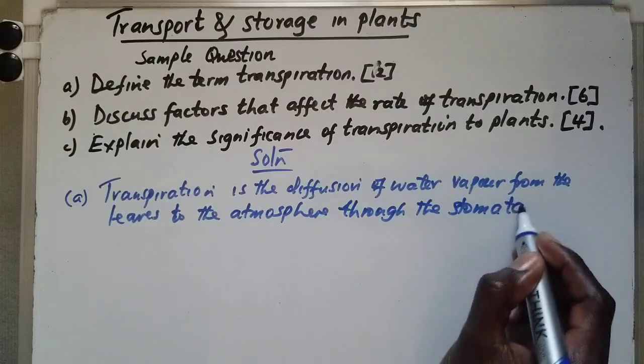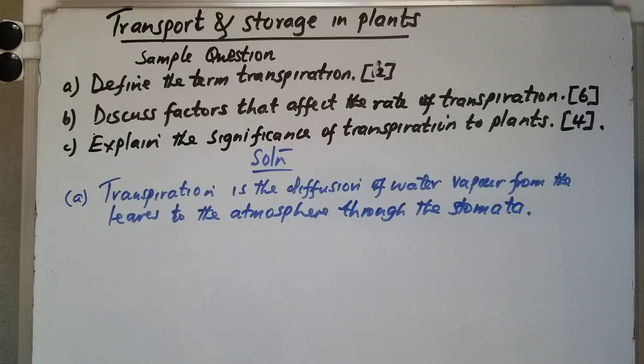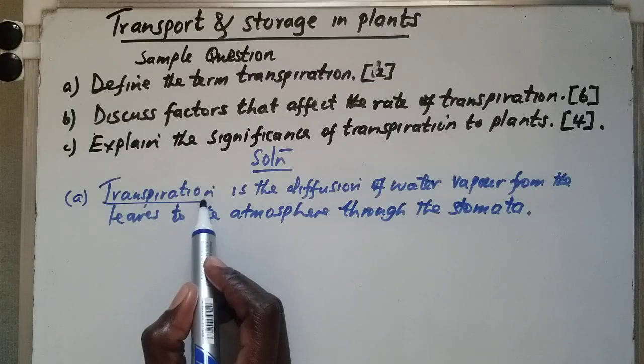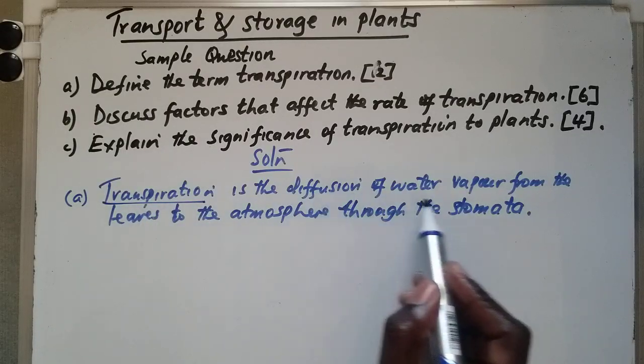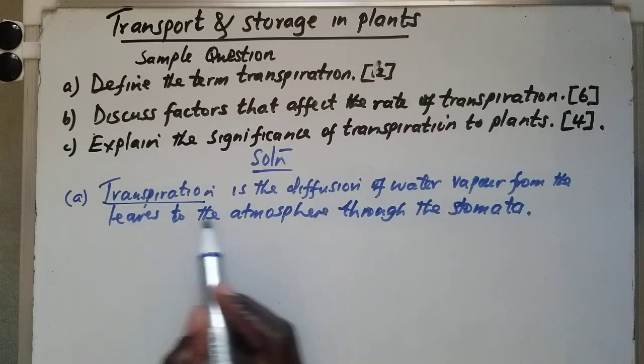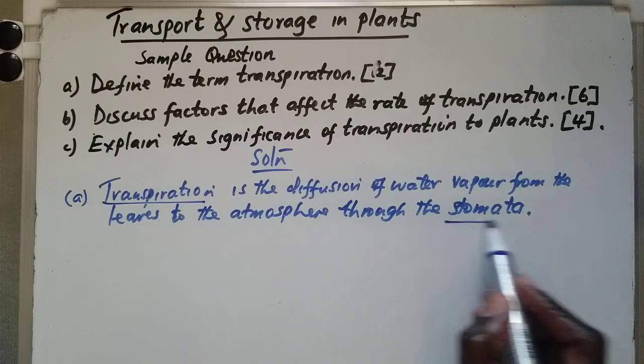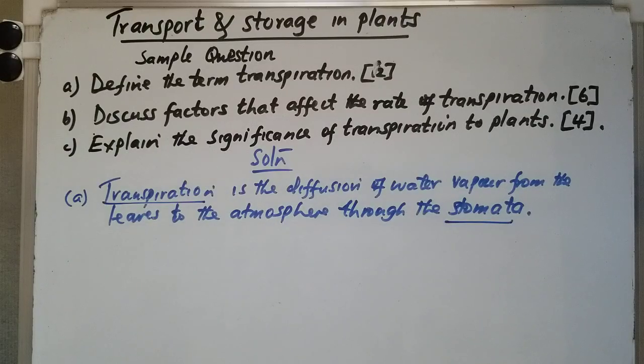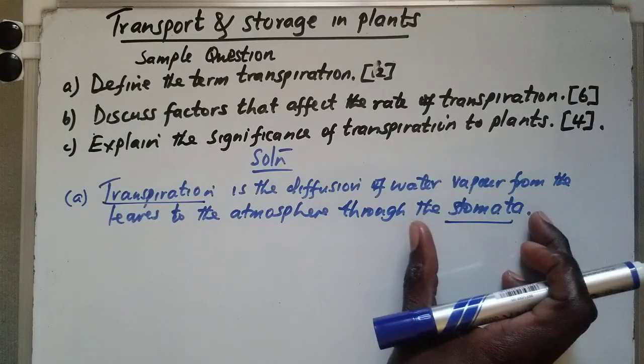There are small openings or spaces between the guard cells, and that's what we call transpiration. It is simply the diffusion of water vapor from the leaves to the atmosphere through the stomata. That is the opening that is found between the guard cells.